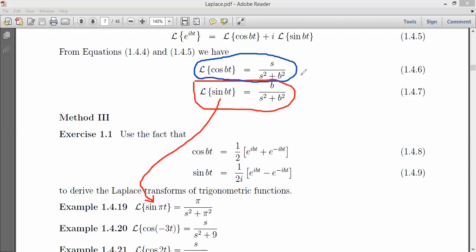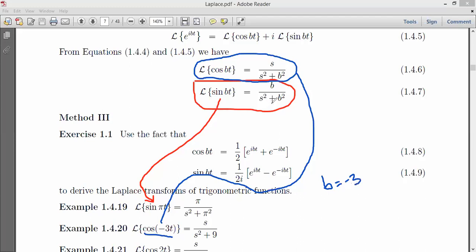We can compare that with our function here. That is the f(t). So in here it was cos bt, but now our b is minus 3.